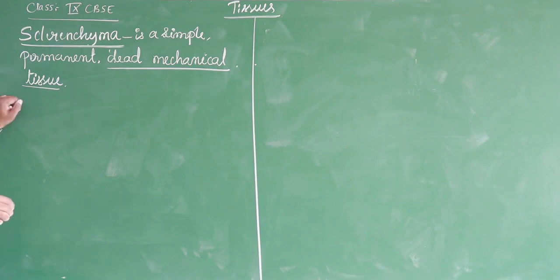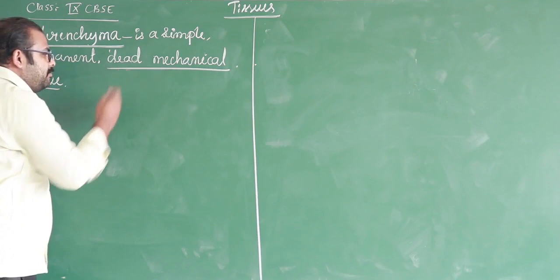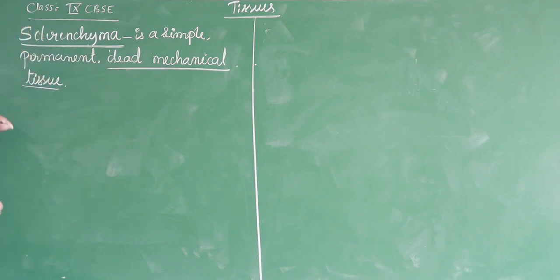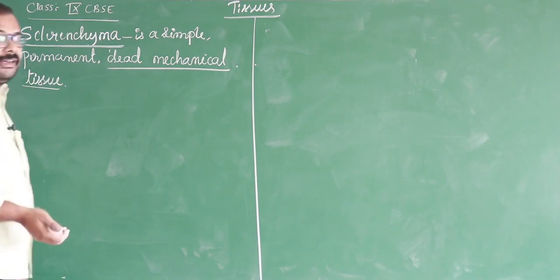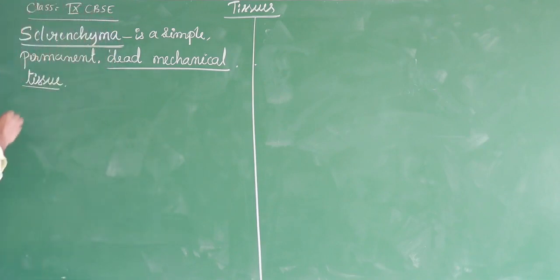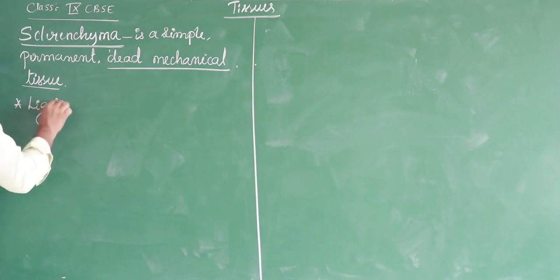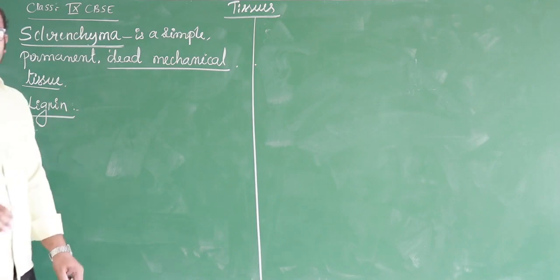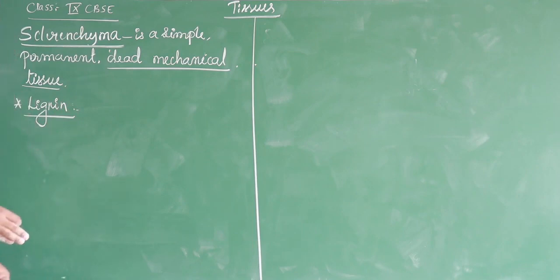As they are dead and they provide strength to the plant, they are called dead mechanical tissues. Why are they dead? This is because there is a thick deposition of lignin on the surface of the sclerenchyma, so that there is no connection between the cells, hence they become dead.